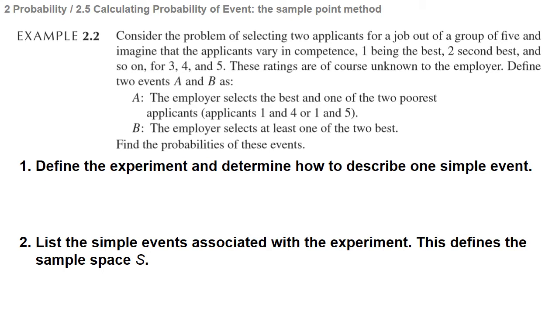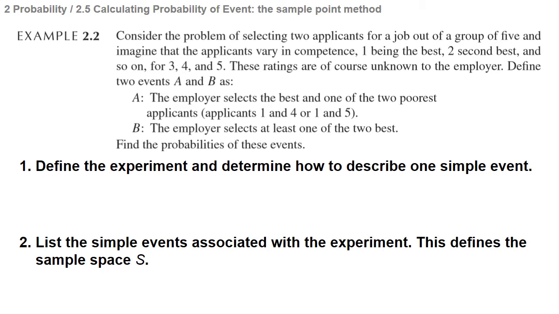So there are rankings for the applicants, and that's unknown to the employer, and we are randomly selecting 2 among those 5 people. Event A is the employer selects the best and one of the 2 poorest applicants. It's selecting applicants 1 and 4 or selecting applicants 1 and 5. And what's event B?